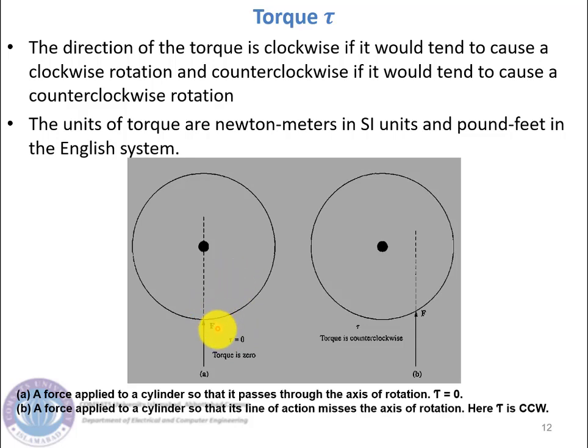So in order to rotate this shaft, we have to apply the force at some angle, at some point away from the center axis. If we push it here, and if this center point is fixed, it will rotate in the counterclockwise direction, so we say the torque is counterclockwise. Obviously it is very difficult to rotate it by putting a force just along the axis of rotation.